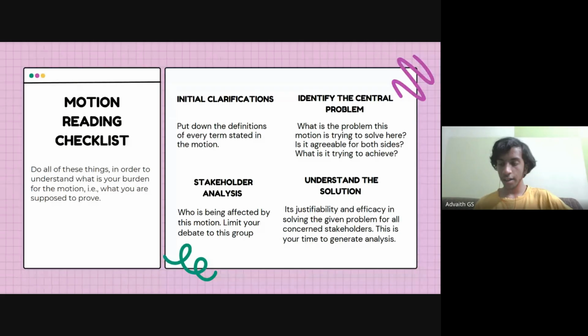Okay, in a debate, the motion is the same for both sides. So if I tell you this house would ban the use of ChatGPT for schoolwork, then one side would support this statement, and the other side would say the house should not ban the use of ChatGPT for schoolwork. Both of them identify that this is an analysis, an identification that will be common to both sides.